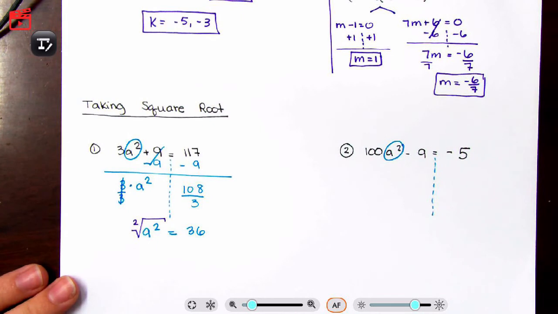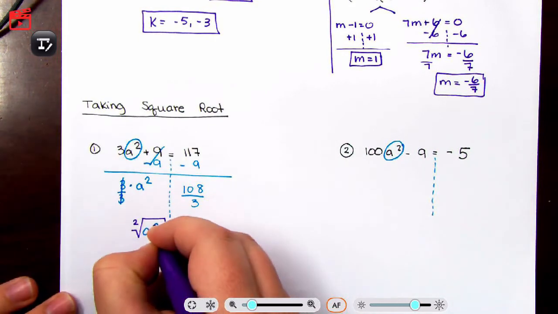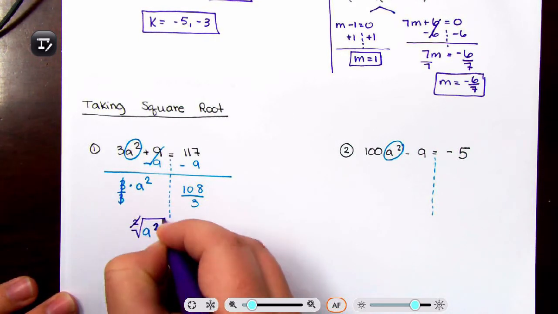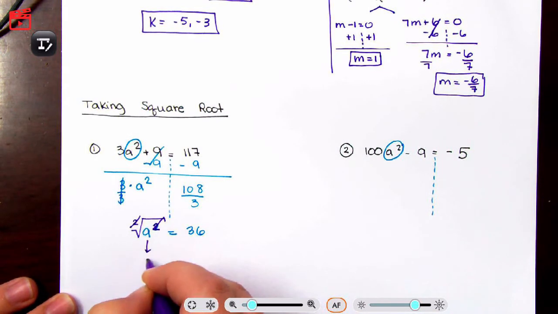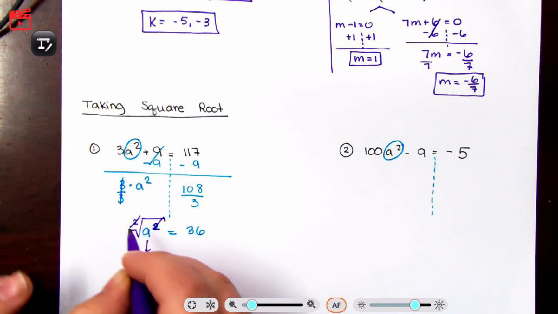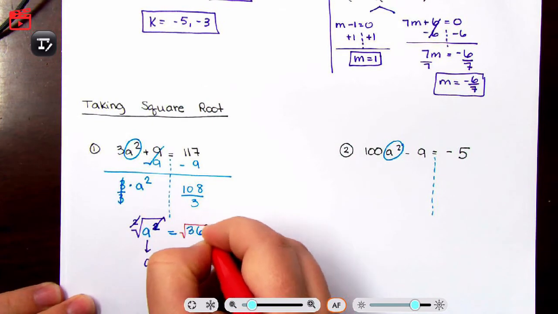Now the index just tells you how many numbers that are the same that you need to multiply to get in here. So this number 2 and this number 2, they cancel out, they undo each other, and so you're just left with a. Now because we took a square root on my left-hand side, we must do it also on the right-hand side.